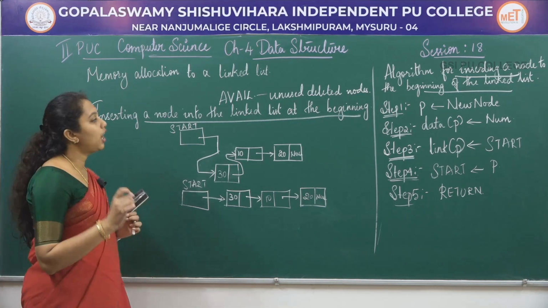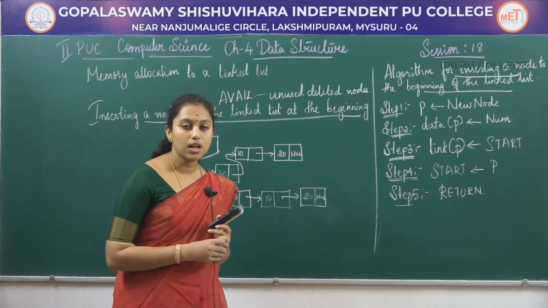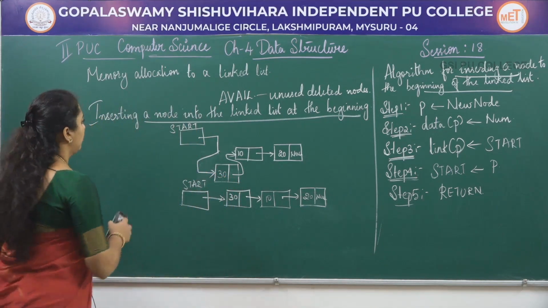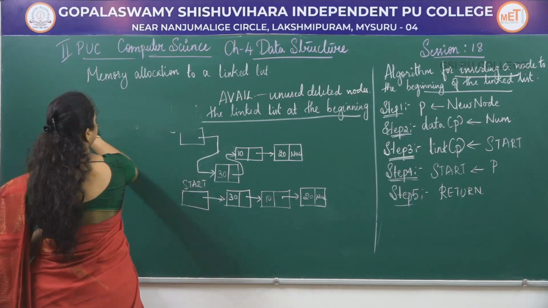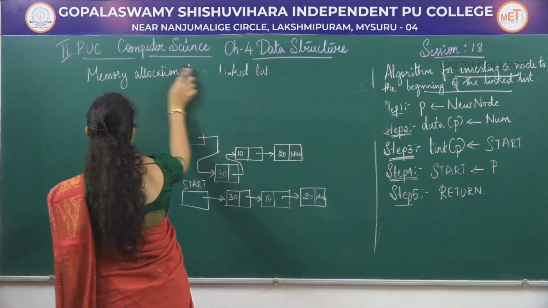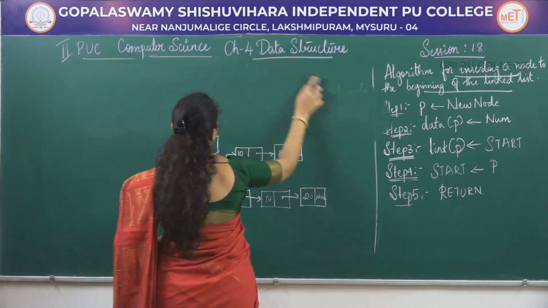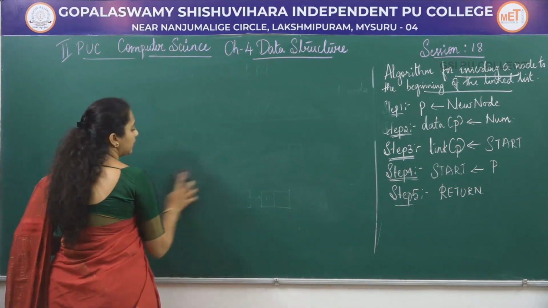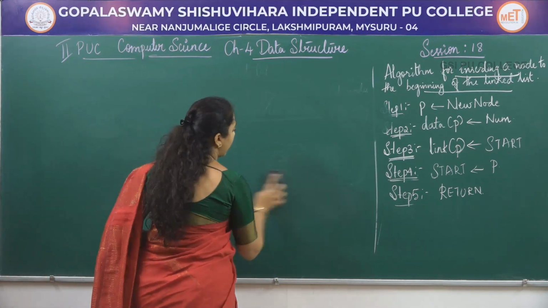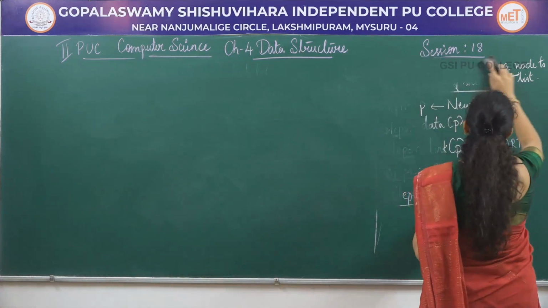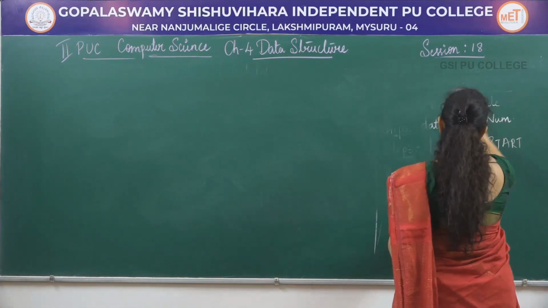Now let's see how to insert a node at the end of the linked list. While inserting a node at the end of the linked list, first we have to create a new node.